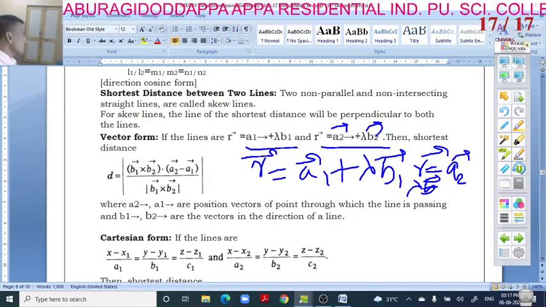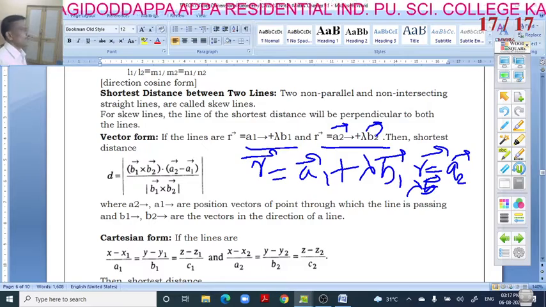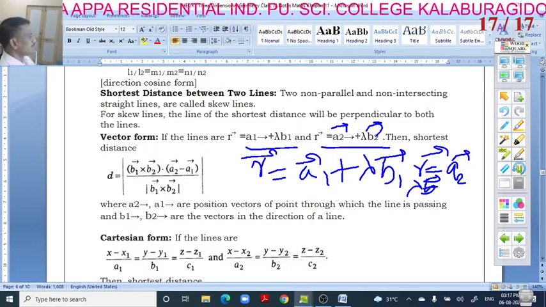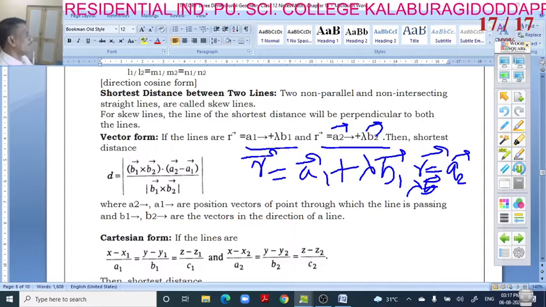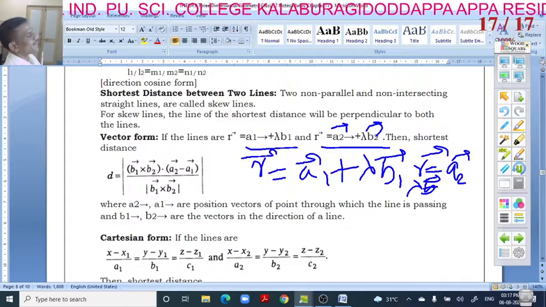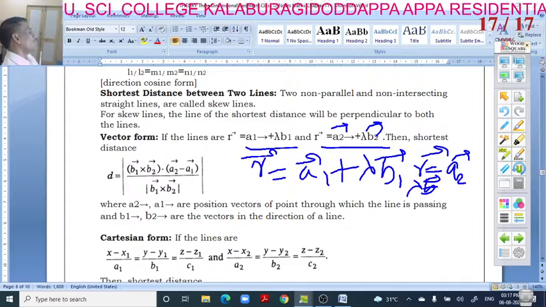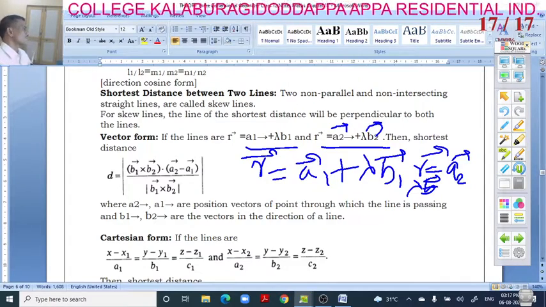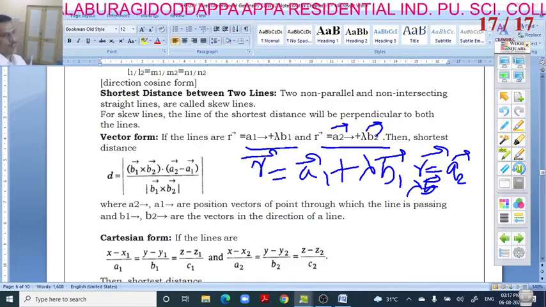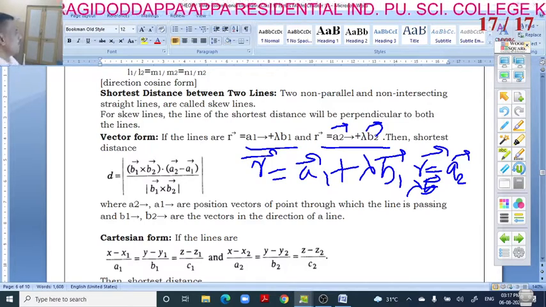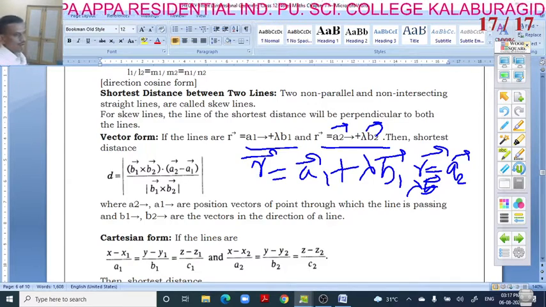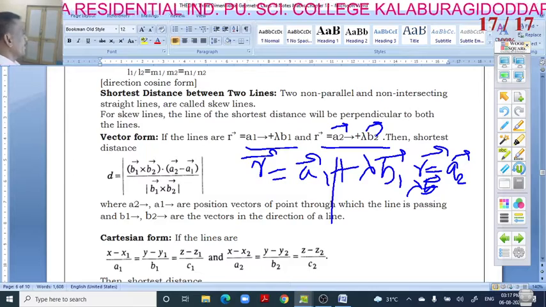Then the shortest distance formula is the modulus of the cross product of B1 and B2, dotted with vector A2 minus A1, all divided by the magnitude of B1 cross B2, where A1 and A2 are position vectors of the points through which the lines pass, and B1 and B2 are the vectors in the direction of the lines.